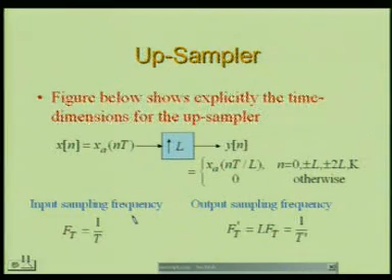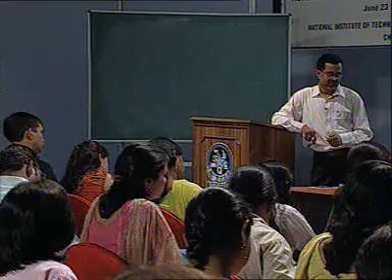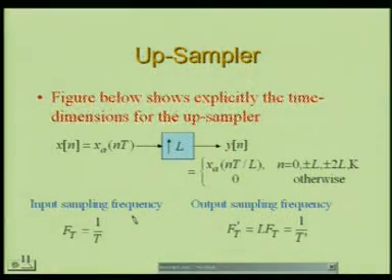Let x n be the input to the upsampler. The upsampling factor is capital L here. Let y n be the output sequence. So, this output sequence can be explicitly written by using the time dimensions as x a n T divided by L, where n is equal to 0, plus minus L, plus minus 2 L, and 0 otherwise.